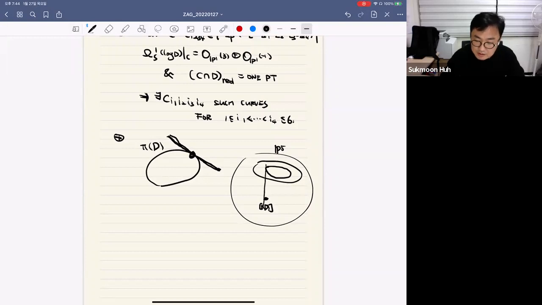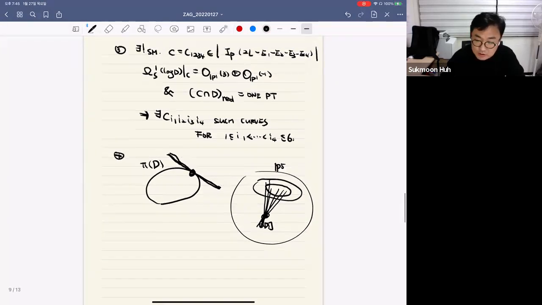So that means such conics intersecting pi D at only 1 point with multiplicity 4 are parameterized by the cone over this curve inside the Veronese surface with vertex point. So it is a surface of degree 4, right?